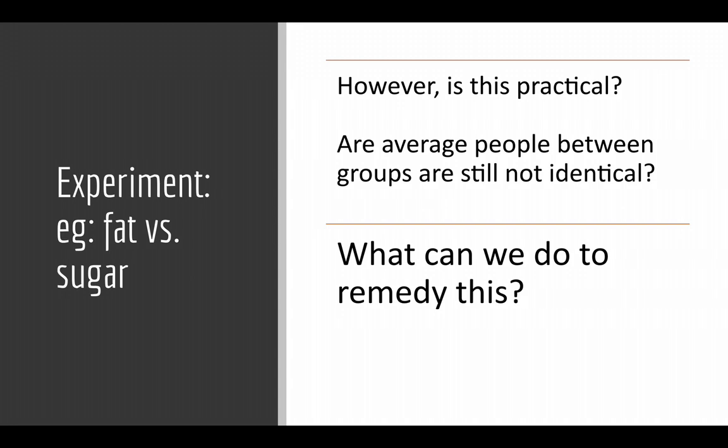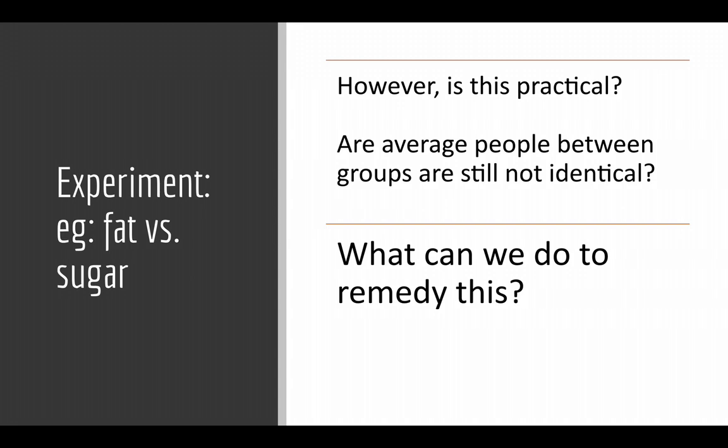We call it statistically equivalent, which means there's no statistically significant difference between these two average persons, but still there might be a slight difference, right? So what can we do to ensure that these two persons, one in control, one in treatment, are totally identical?